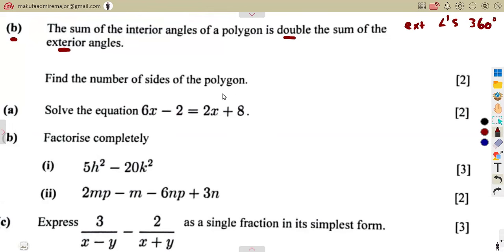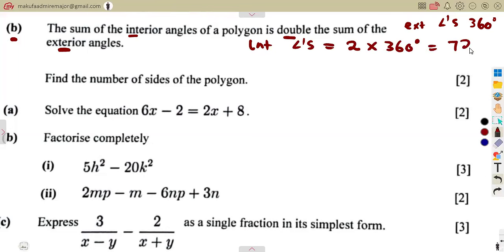You're talking about a shape with 4 sides, 5 sides, 7, 8. If you add the exterior angles, they add up to 360 degrees. But the question is, the sum of the interior angles of a polygon is double that, which is 2 times 360 degrees.